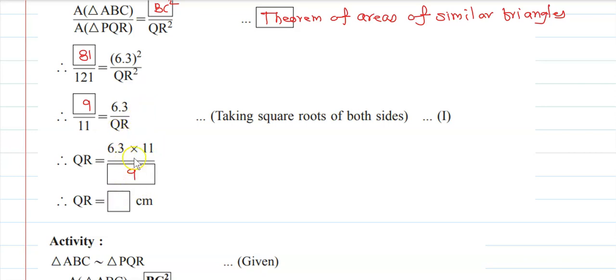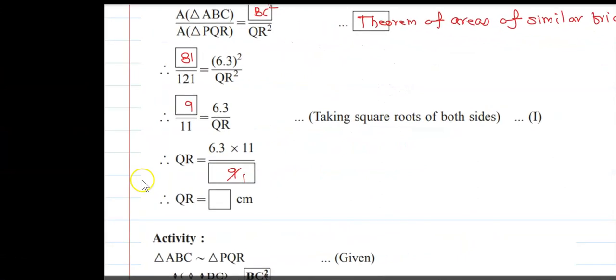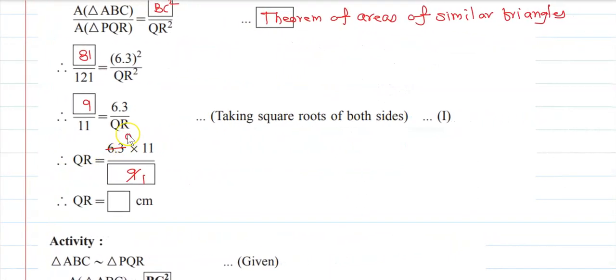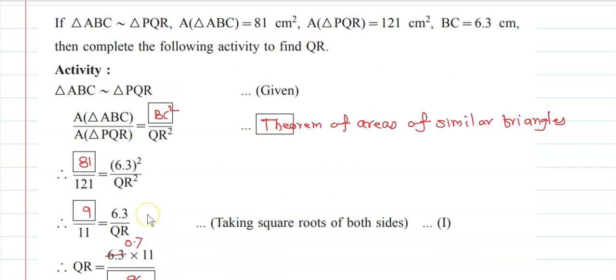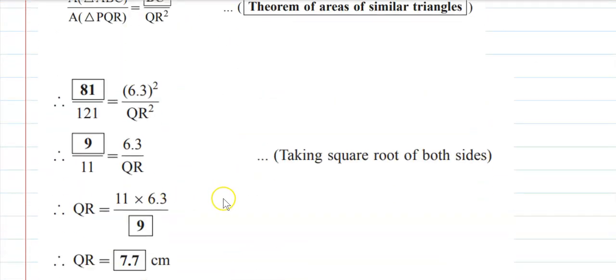Simplification. Multiply numerator and denominator by 10, and their multiplication gives 0.7 into 11. Therefore, you will get 7.7 centimeter. This is the activity. You can see it.